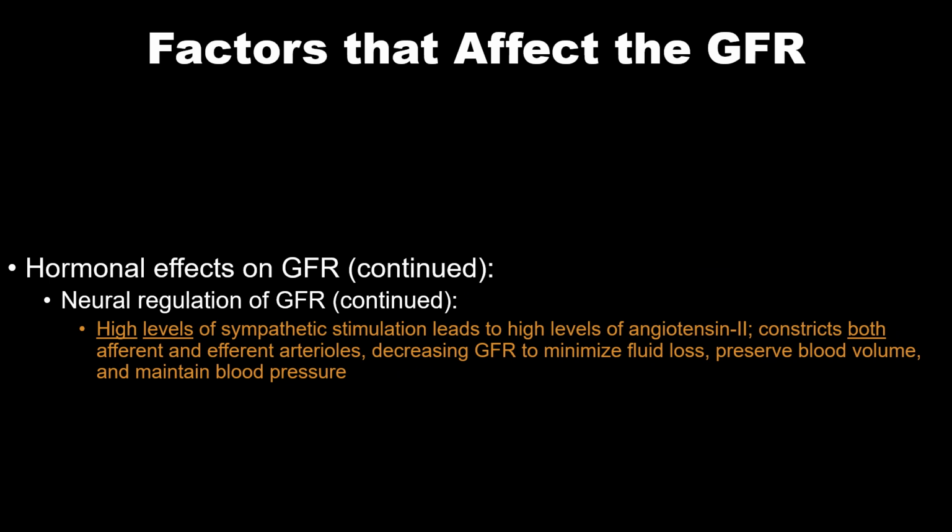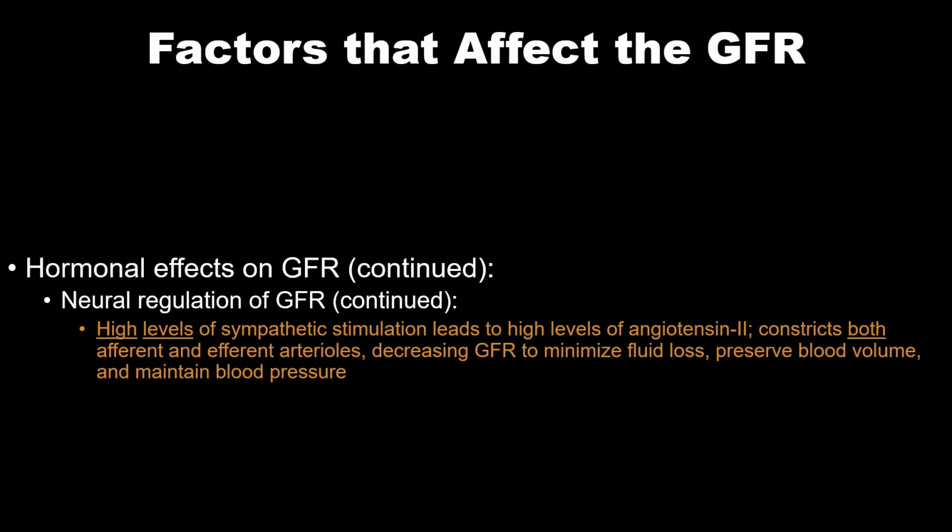Now, if there's a lot of sympathetic stimulation, there's going to be a large amount of renin that is secreted, and the blood concentration of angiotensin 2 is going to increase dramatically. And so this huge amount of angiotensin 2 is going to widely constrict arterioles, including the afferent and efferent arterioles, decreasing GFR. This is especially important in cases of severely low blood pressure and dehydration.